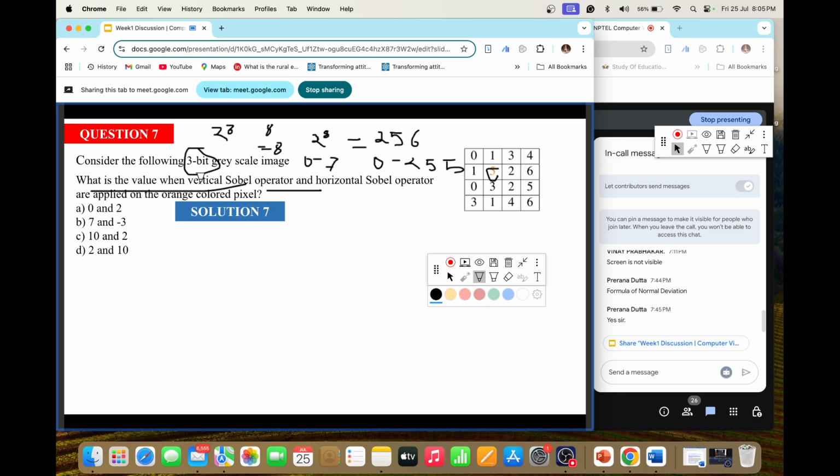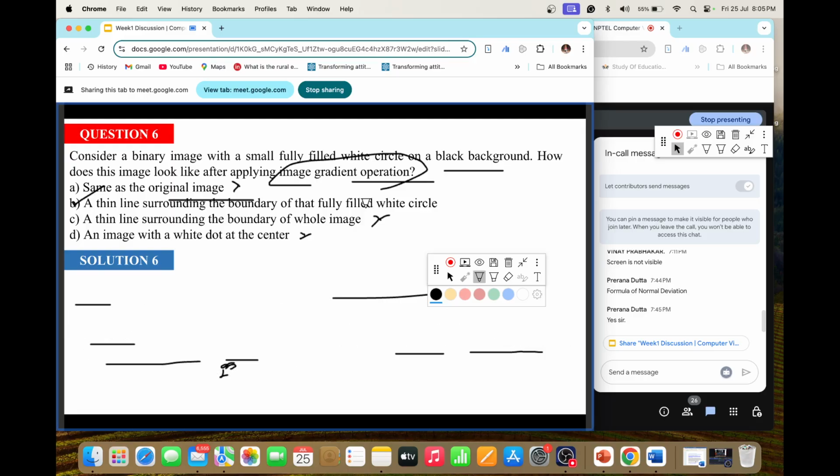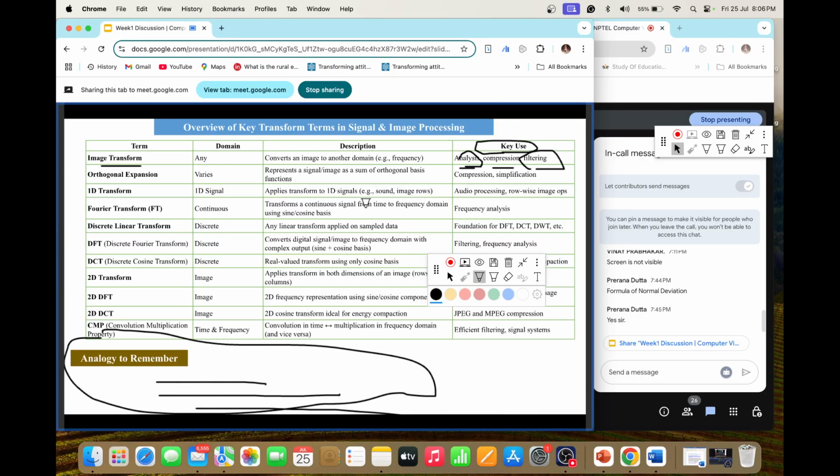As it is a 3-bit grayscale image, and our filters, the Prewitt as well as the Sobel operator, are 3x3 filters, we need to focus only on this 3x3 region, the neighborhood of 5. So we need to know what the vertical Sobel operator and the horizontal Sobel operator are.